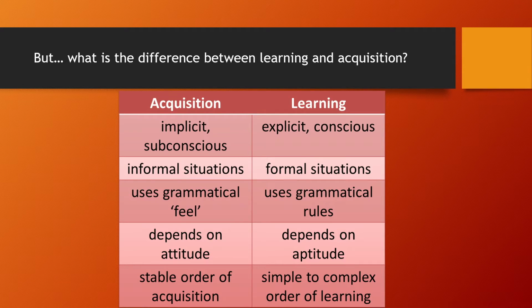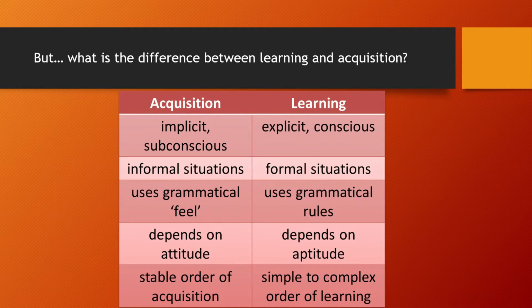Okay, acquisition is implicit, something that happens inside our minds. Learning is explicit, something that happens outside our minds. We go to a place, we impose ourselves to a situation, and we get the language.